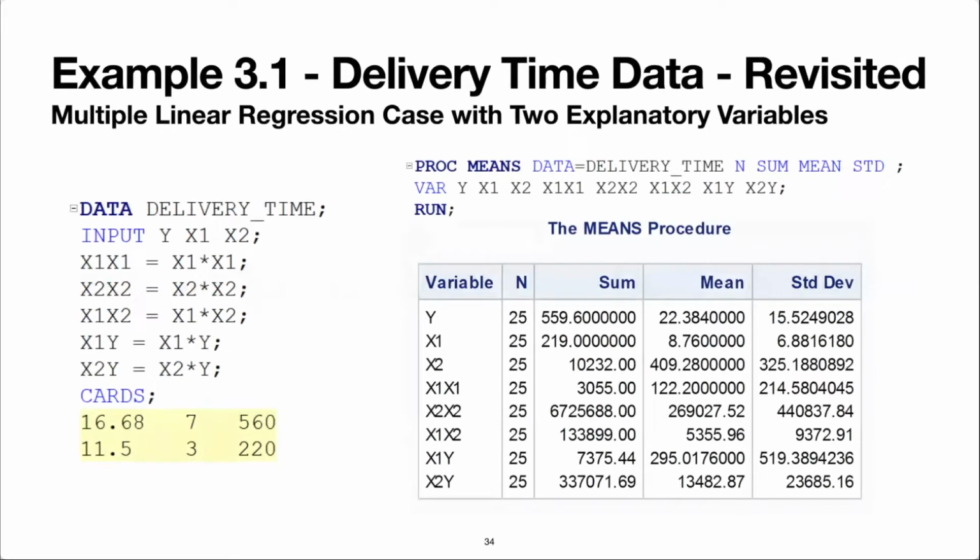And so what we're going to do here is utilize the formulas that we just looked at to calculate the least squares estimators of beta 0, beta 1, and beta 2 in that model.